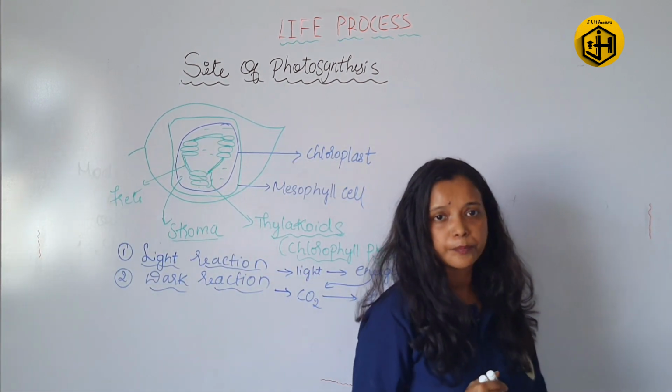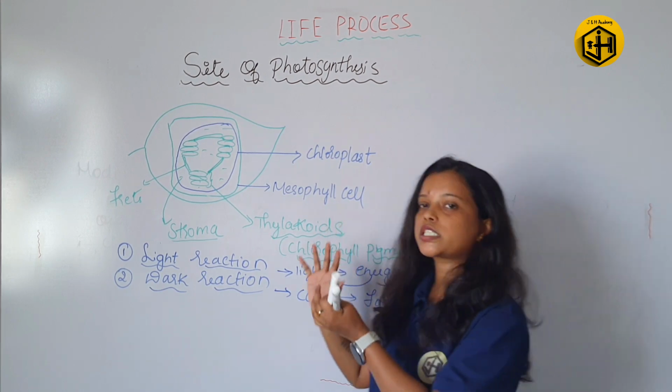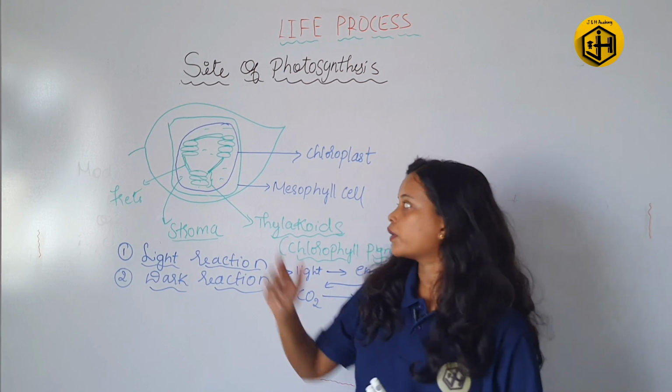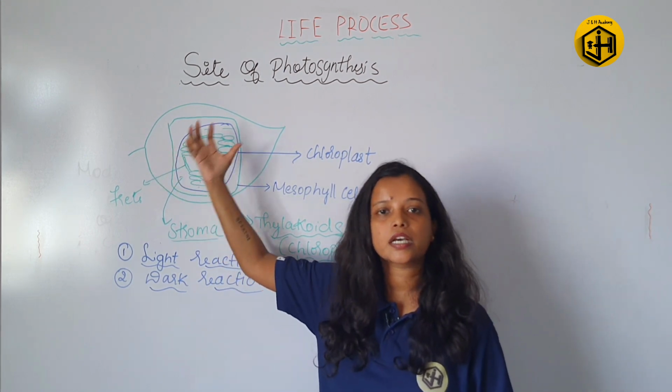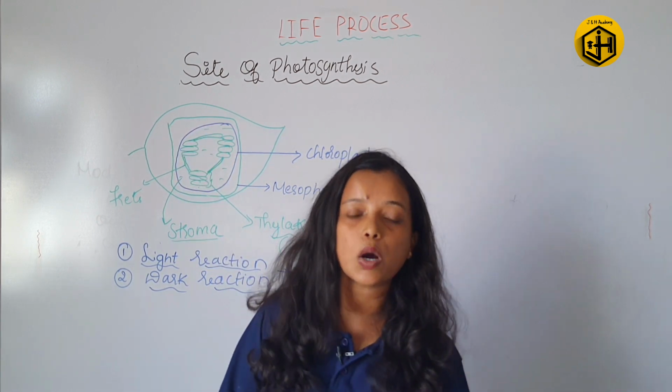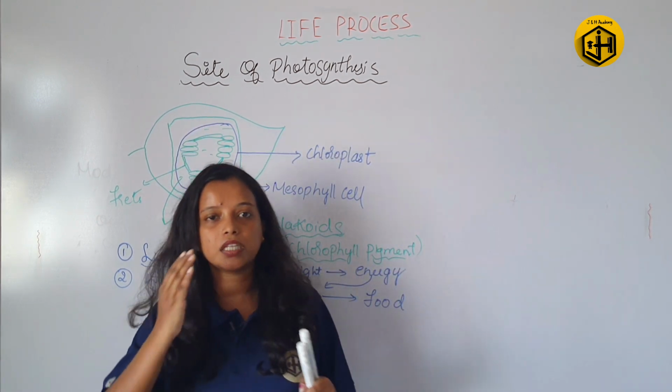So next, we said that carbon dioxide will come inside the plant, right? The plant needs carbon dioxide for the process of photosynthesis. But how does the carbon dioxide come inside the leaf?